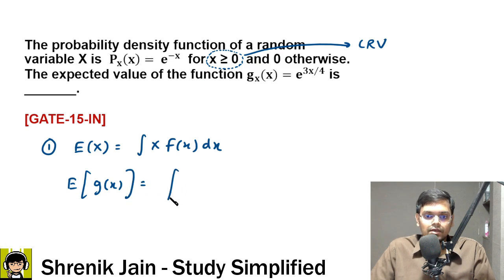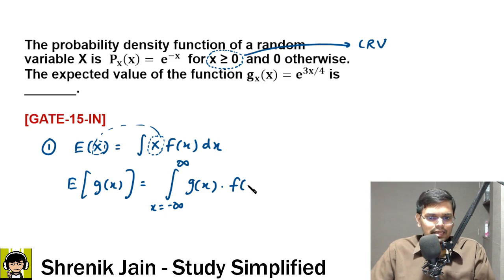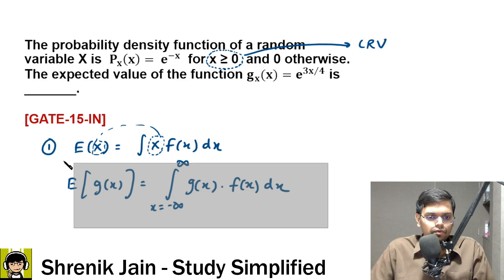See, this and this are interlinked. If instead of x we have x to the power n, then this is x to the power n. If instead of x we have g of x, then here it would be g of x. And other things are in terms of x. X goes from minus infinity to infinity, density function of x, integral with respect to dx. That is how things work.